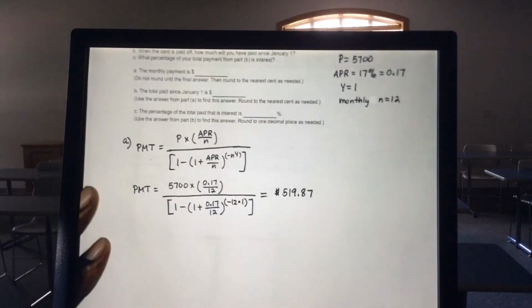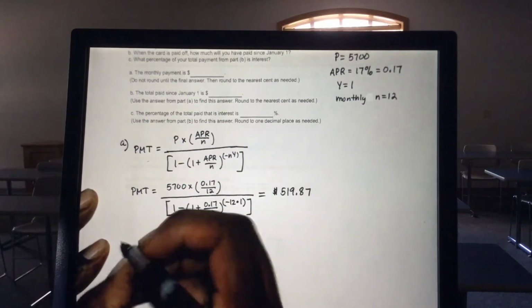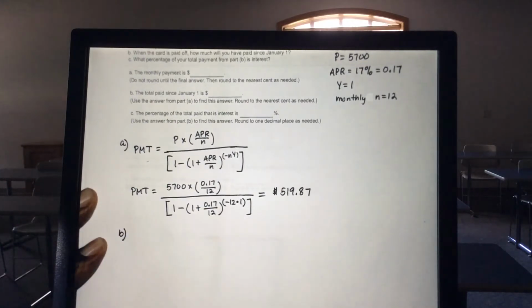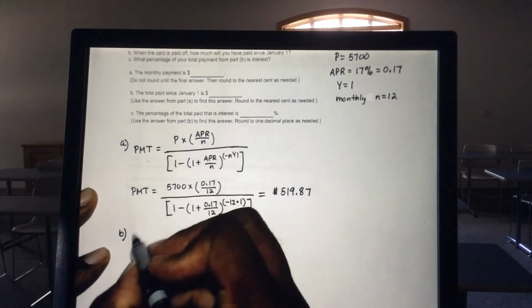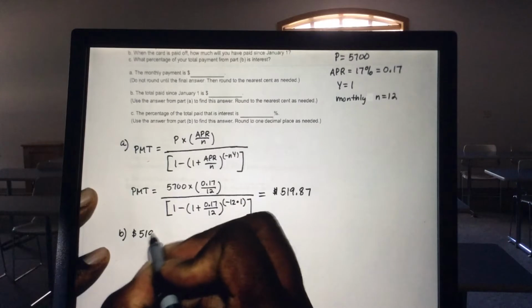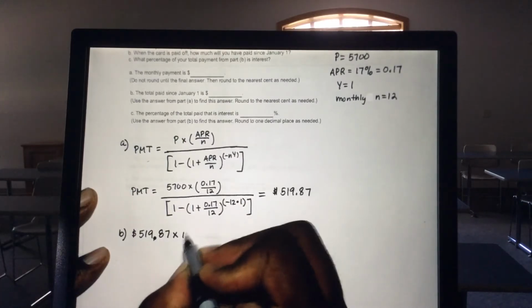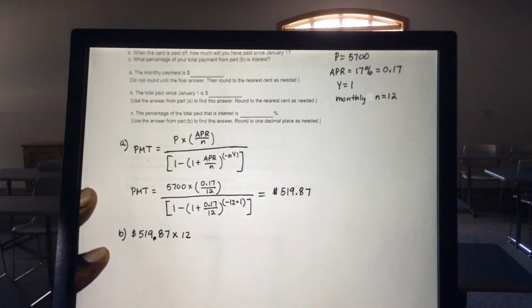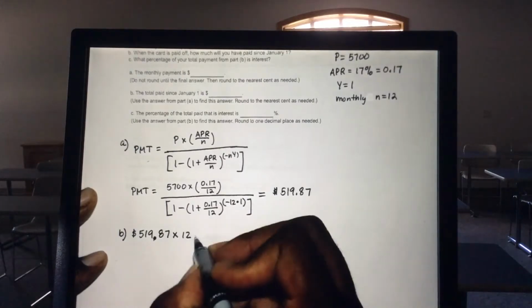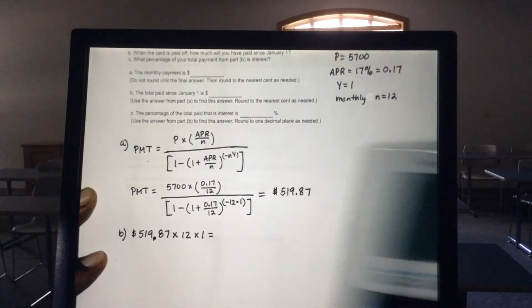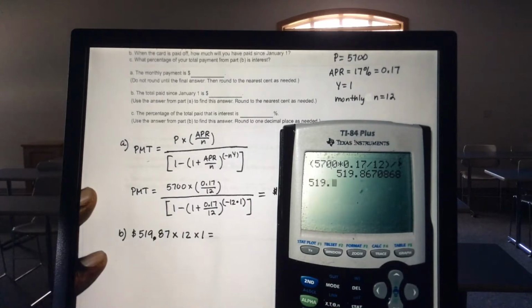In part B, what's the total paid since January 1st? In this case here, we have $519.87. You're going to pay that off, well, there are 12 months in a year for 1 year. So just simply multiply $519.87 times 12 times 1.